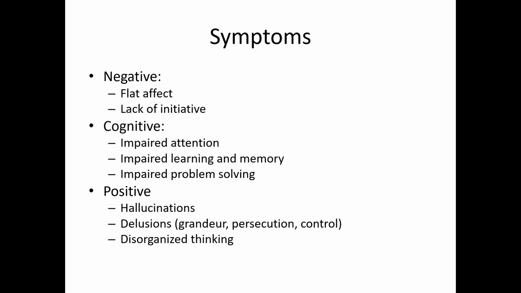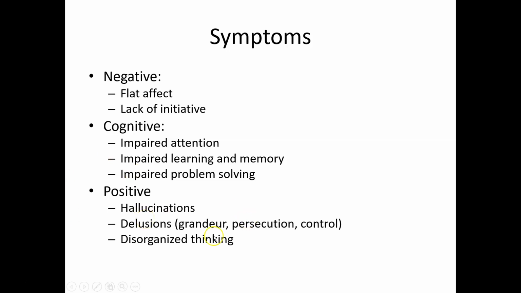So positive symptoms, those are cases where something is unexpectedly present that shouldn't be. So that will include things like hallucinations. Typically with schizophrenia, they will experience auditory hallucinations. There are delusions.